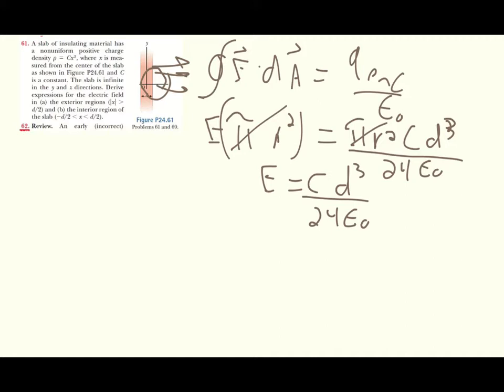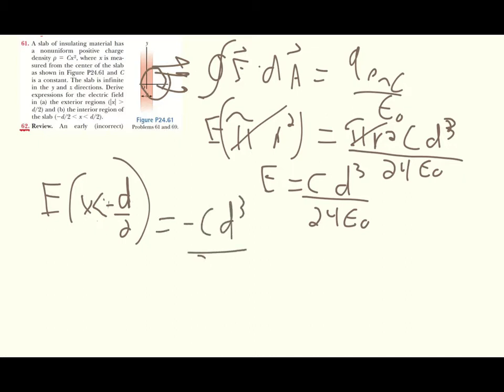So when x is less than negative d over 2, this is going to be the opposite. It's going to be the same value, negative c d cubed over 24 epsilon naught. And you can satisfy yourself by deriving it with the different limits if you want to do that.